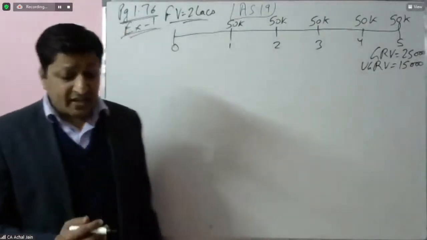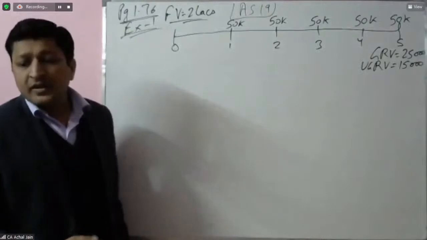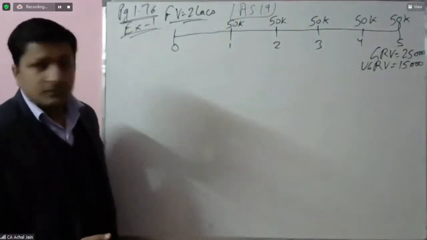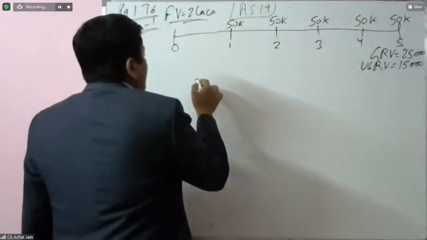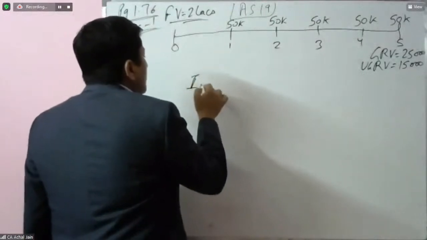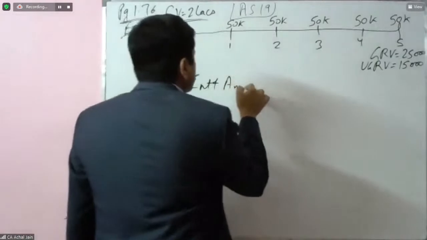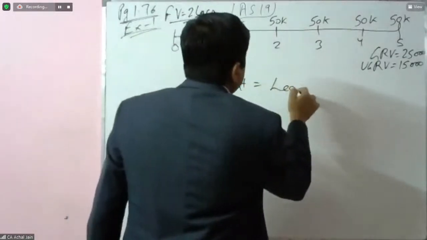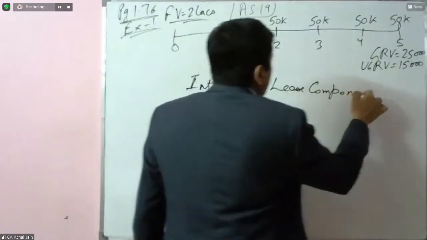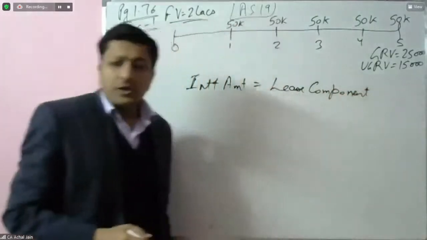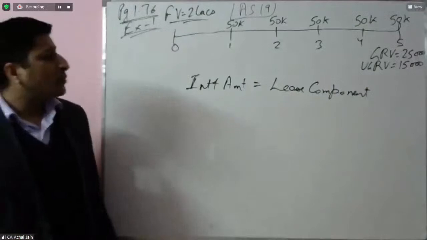Now, in this case, there are 2 things we are required to compute. First, the interest amount in the lease component. Okay, what is the lease amount or the lease component?